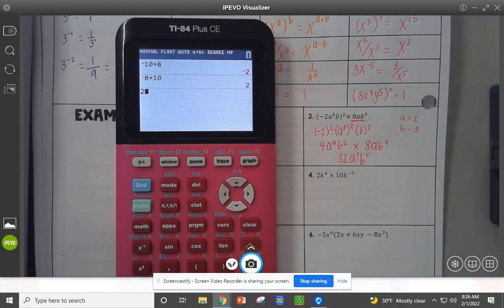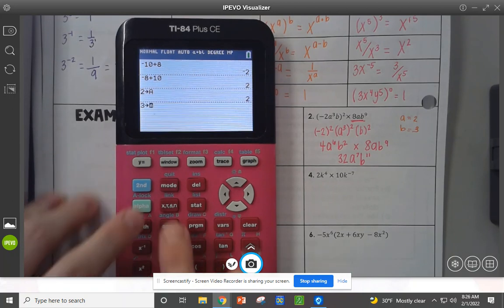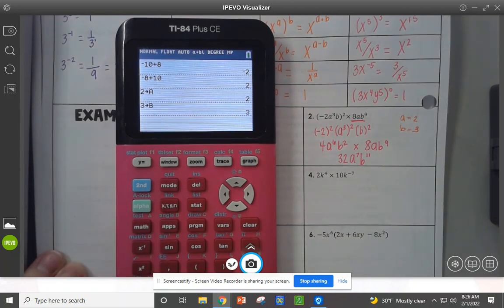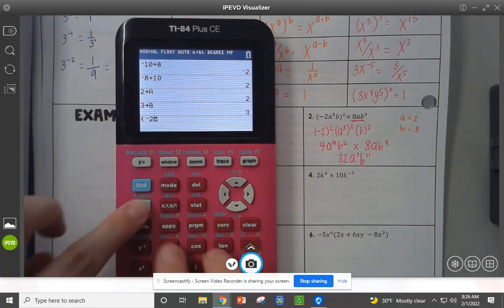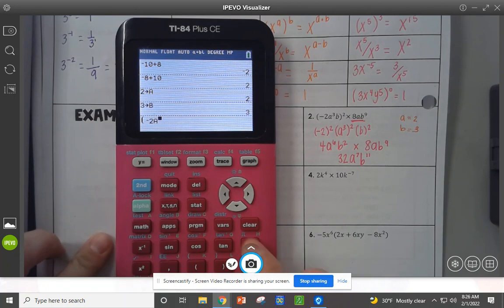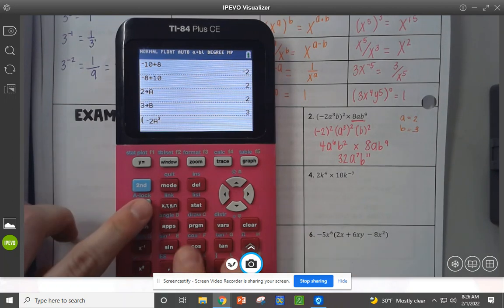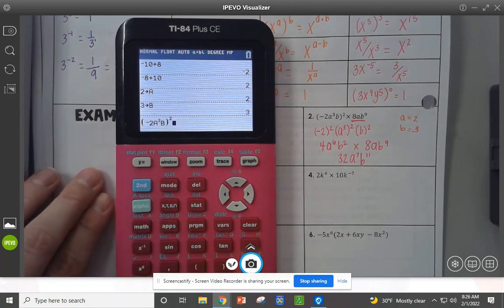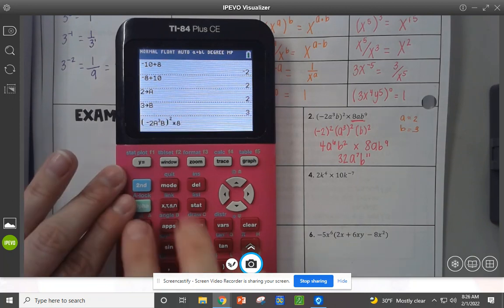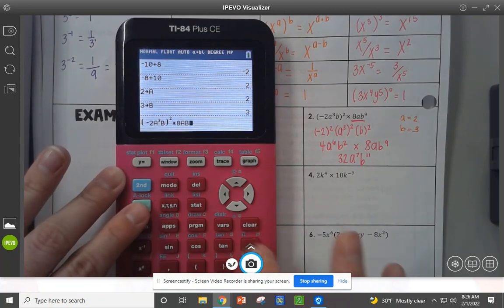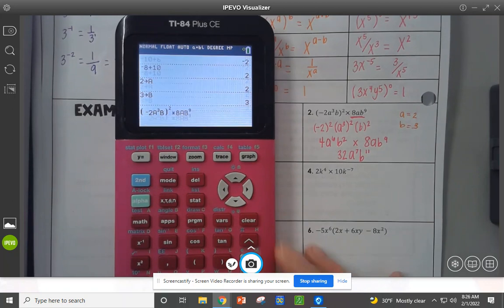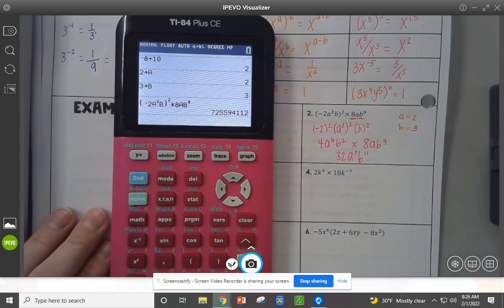I'm going to do 2 store A, 3 store B, and then I'm going to type in negative 2A cubed B squared times 8A B to the 9th. It does take some time, but I got a really big number.